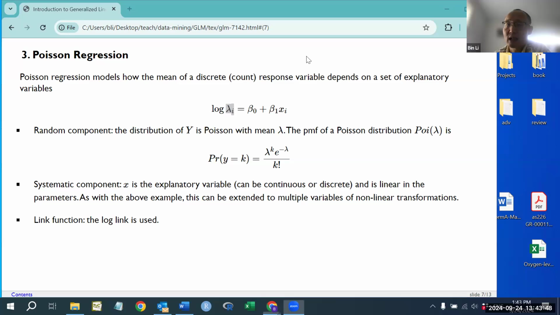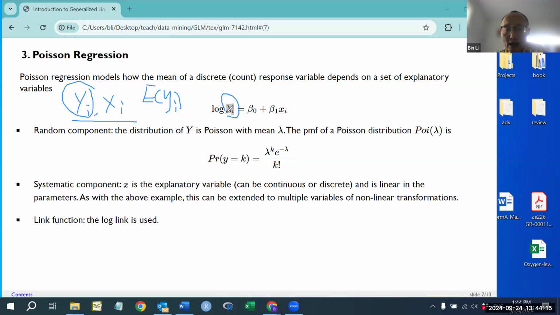So what is lambda i? Here yi is the count for the i-th trial, which of course connects with some explanatory variables xi. So the expected value of yi, we call it lambda i.